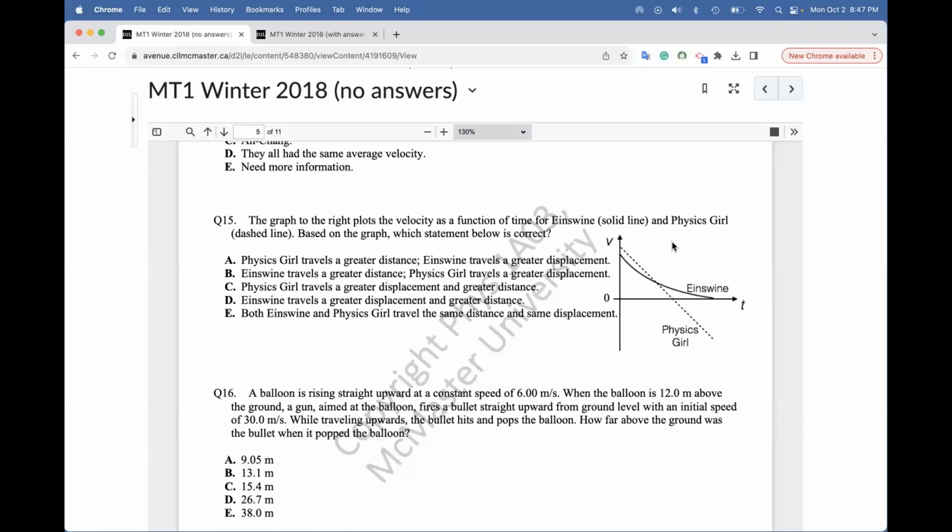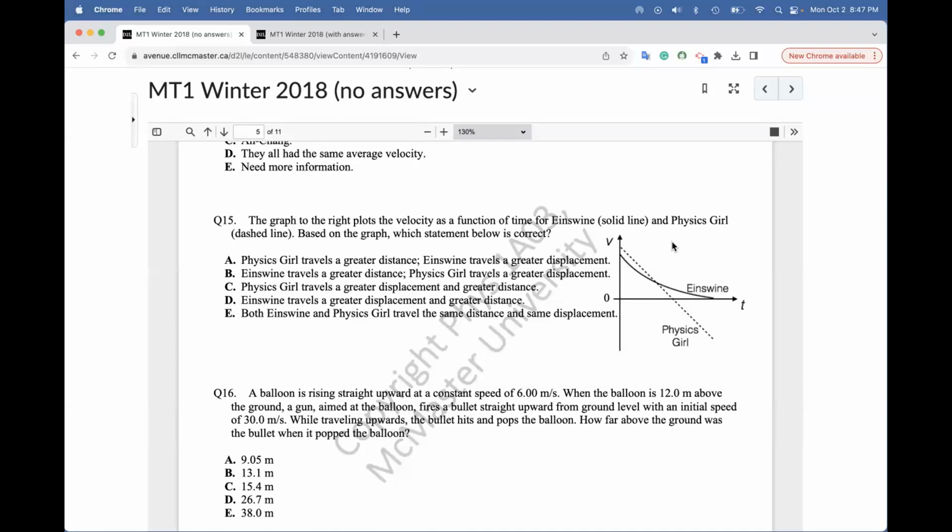So for the bullet, delta y is equal to the initial velocity. Which equation are you leaning towards?